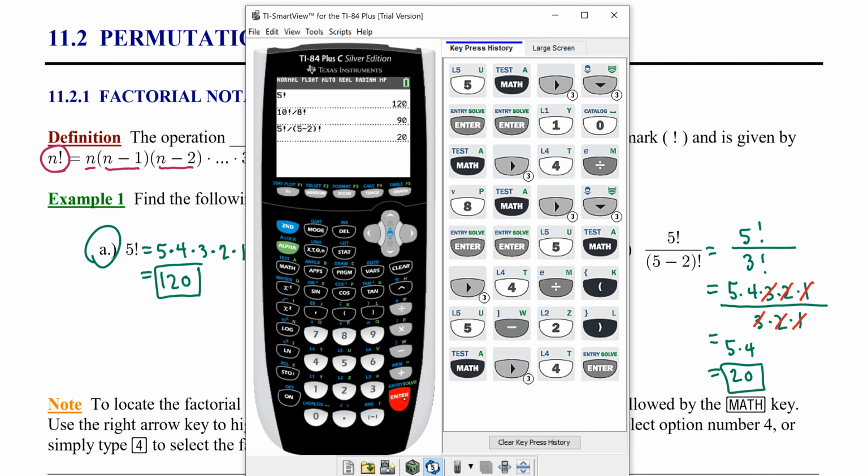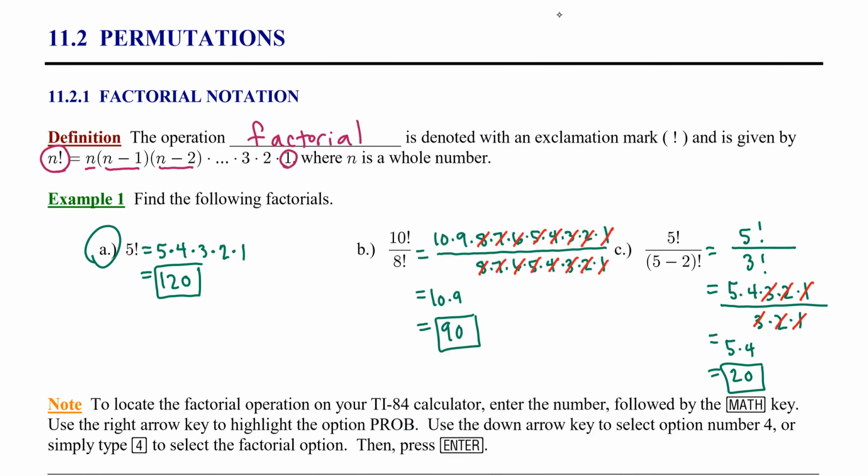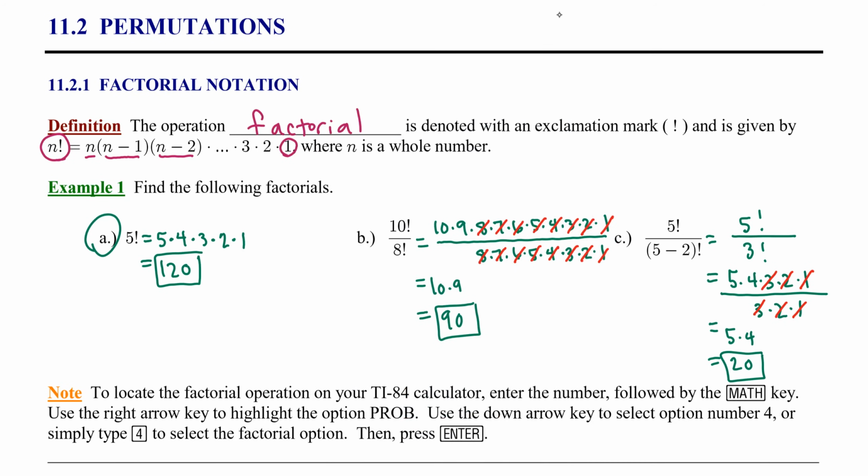And press enter. How'd we do? We did great. So the factorial operation is going to be a condensed way to express factors like this, and we're going to see this with permutations and combinations coming up in the next few videos.